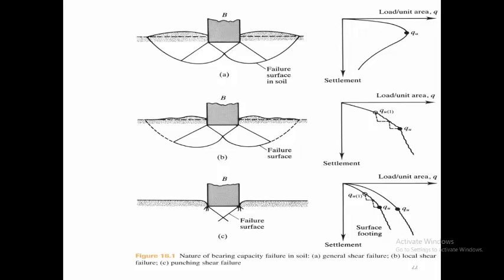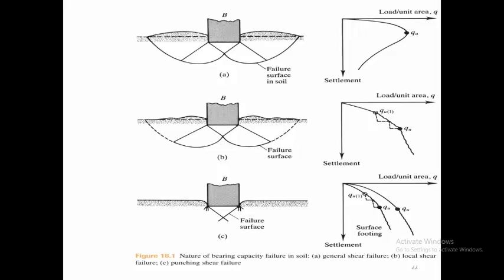Okay? Letter C. This is called the punching shear failure. This condition occurs where there is relatively high compression of the soil underlying the footing. So meaning, this soil that supports the structure has relatively high compression.